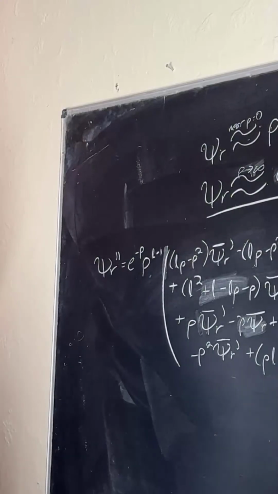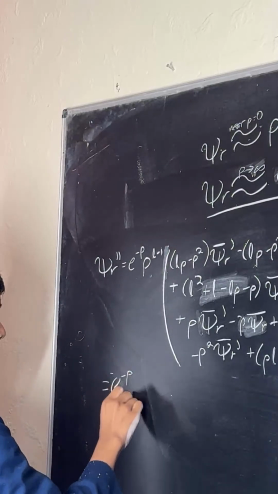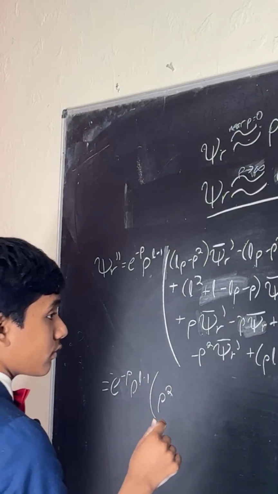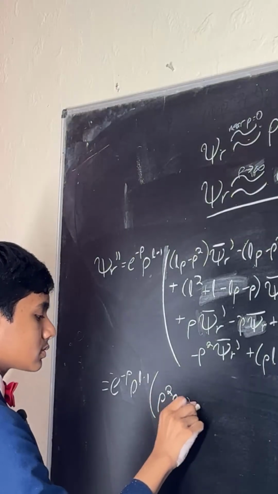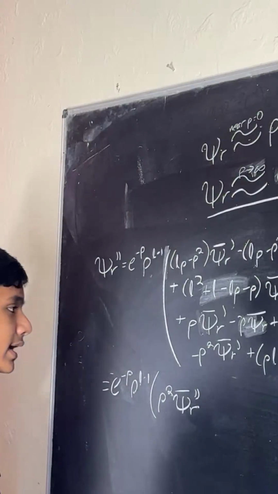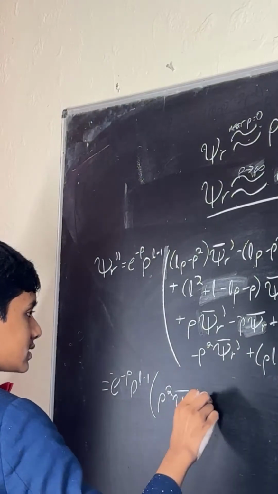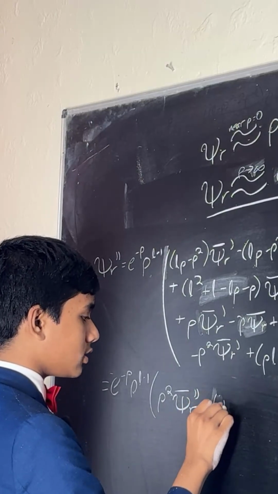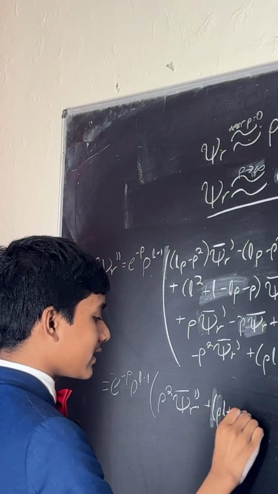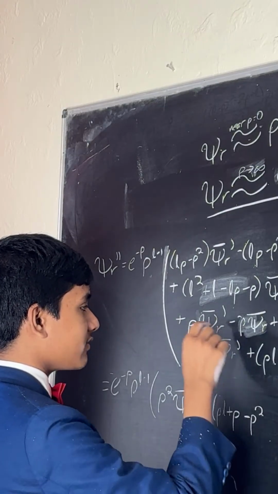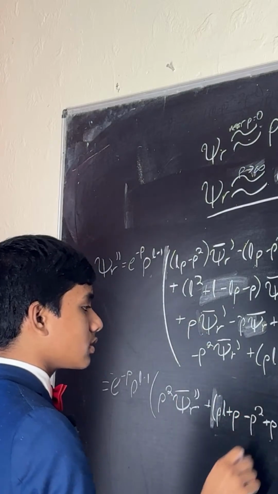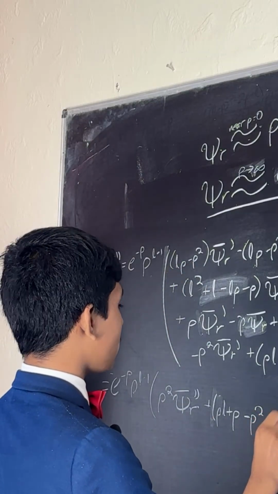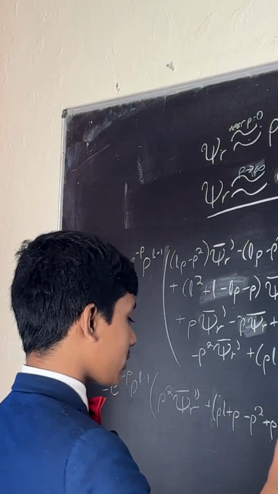So now we group this up. First, we take the singular psi r overline double prime term. Then we take all the psi r overline single prime terms, which become, well, you have this one first, rho L plus rho. Then you have this one second, minus rho squared. Then you have this one third, plus rho. Then you have that one fourth, L rho minus rho squared.